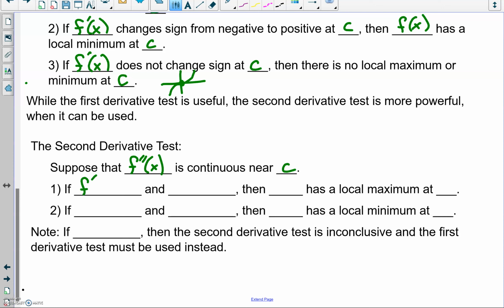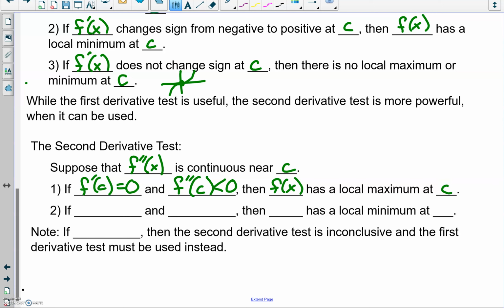And if f prime of c equals 0, which is one of the ways we find our critical points, and f double prime of c is less than 0, so that means it is concave down, the cup is opening down, then f of x has a local maximum at c.